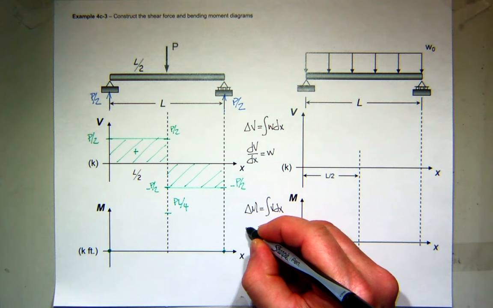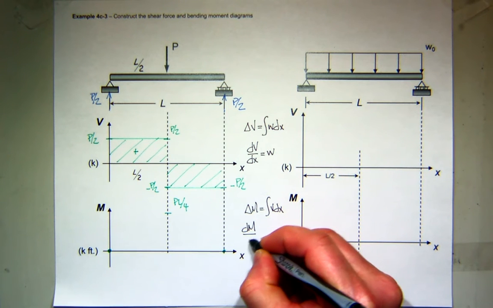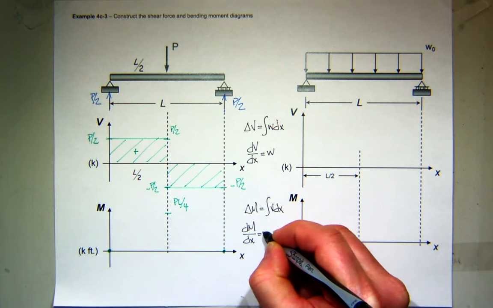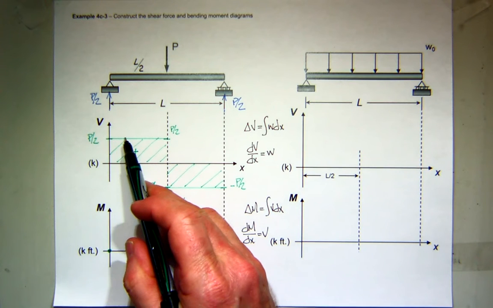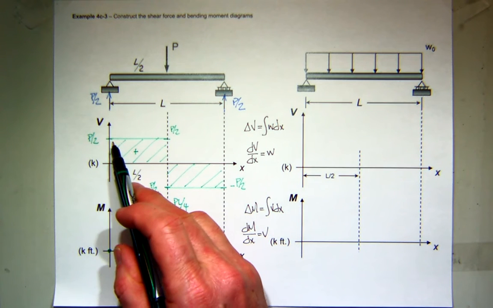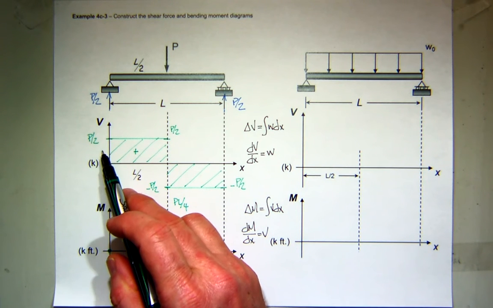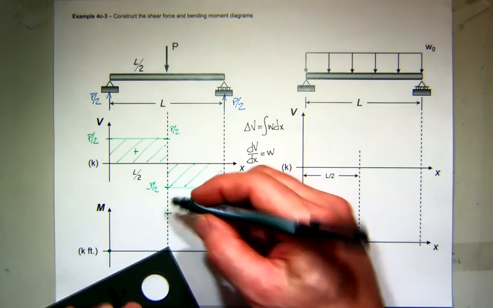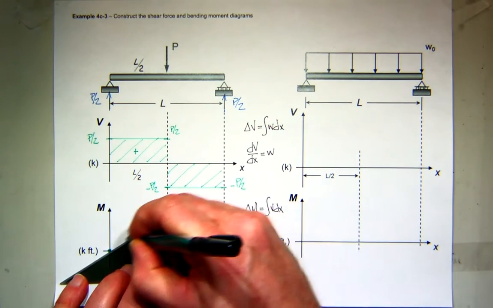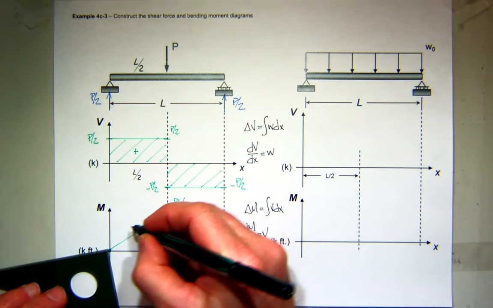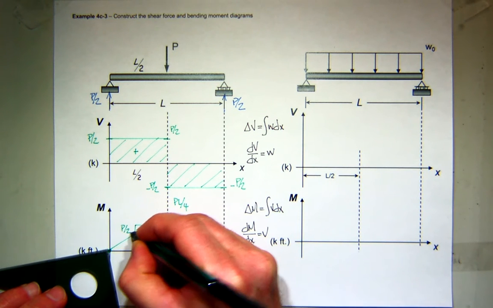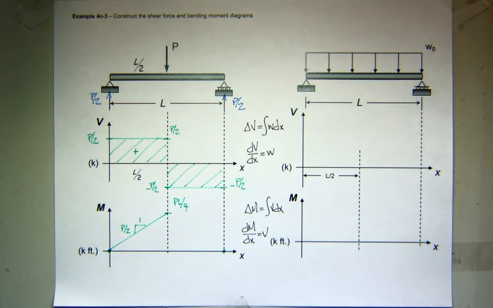And I also know that the slope of my moment diagram everywhere is equal to the shear. So I come up here and look, what's the value of my shear of the first section? It's constant. It's P over 2, and it's positive. So I have a constant slope. And if I were to look at that value, it would be P over 2 height for a change in x of 1.